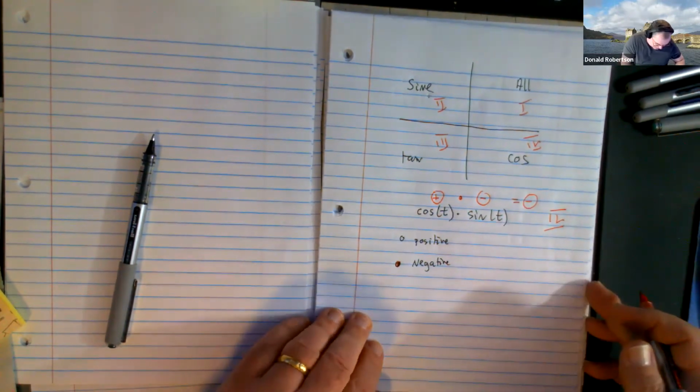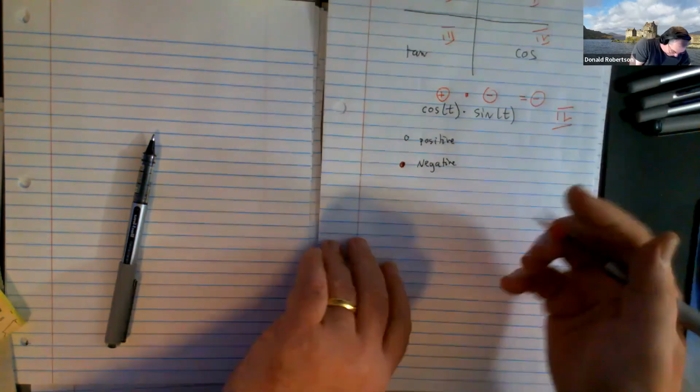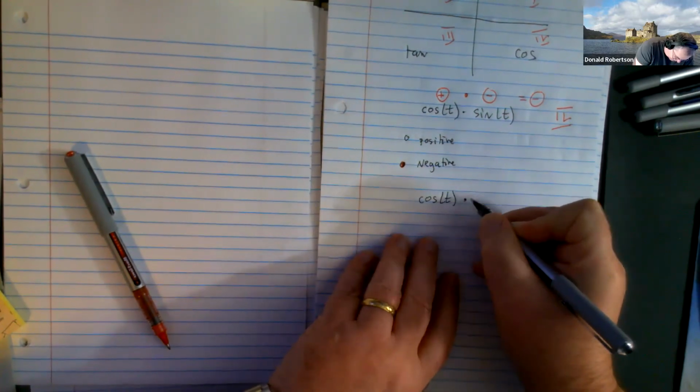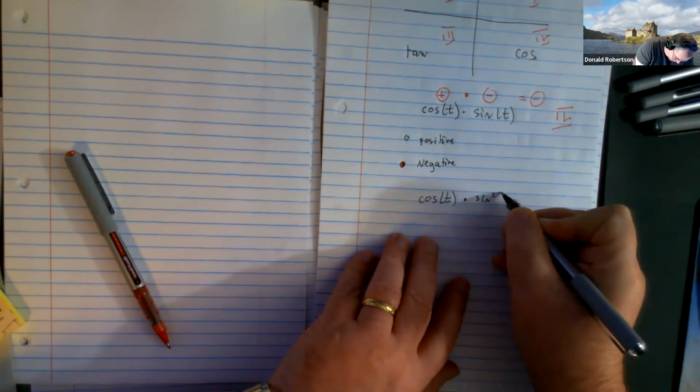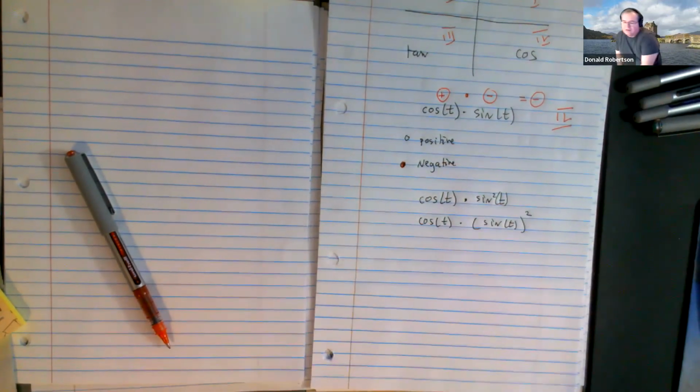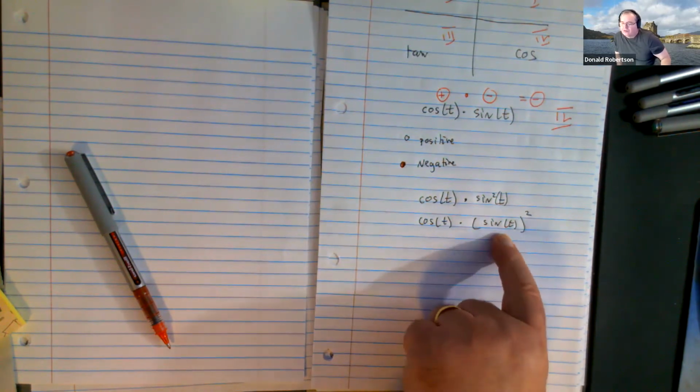Now, I'm going to be sneaky with you here. I'm telling you right now, this is a trick question. The cosine of t times sine squared t. If you're not aware of what sine squared t is, it's just a simpler way of writing that. In trig, we call it sine squared rather than writing sine t all squared.